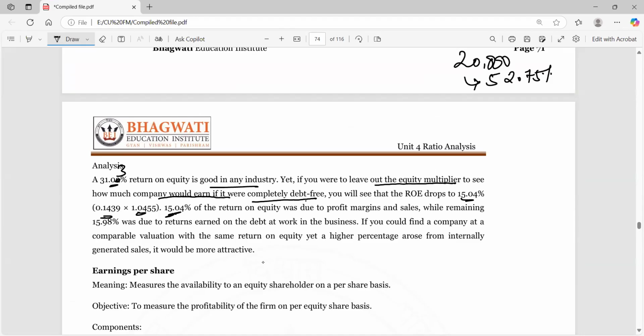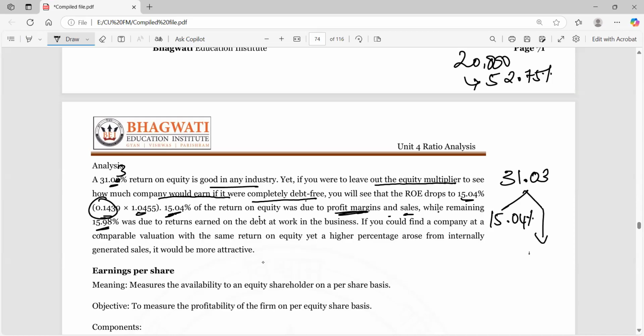15.04 percent of the return on equity was due to profit margin, which is 14.39, and sales turnover, which is 1.0455. While the remaining 15.98%, this 15.98 is nothing but 31.03 divided into two parts. One is 15.04 when it is 100% equity. The remaining portion is there, no? 31.03 minus 15.04.